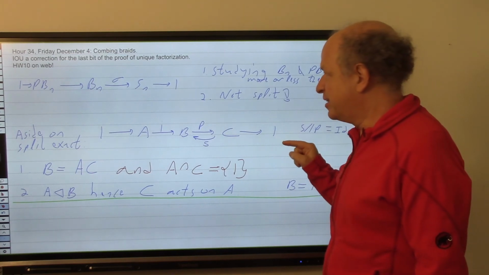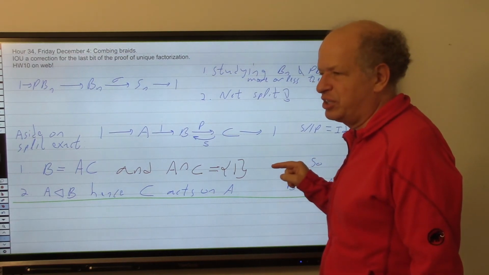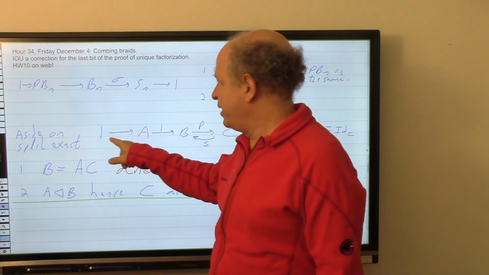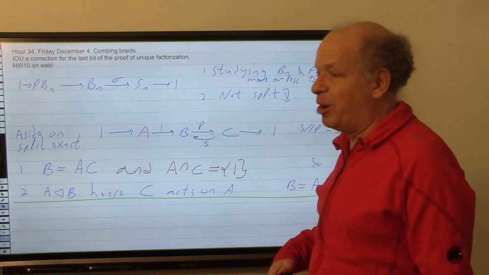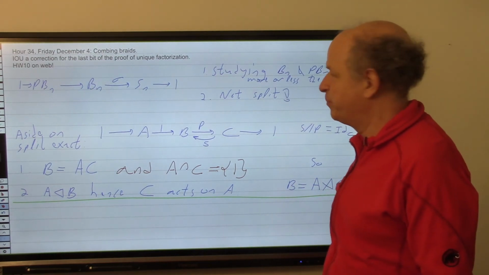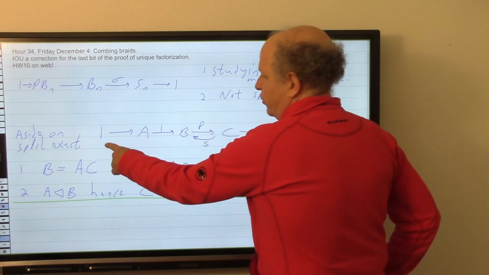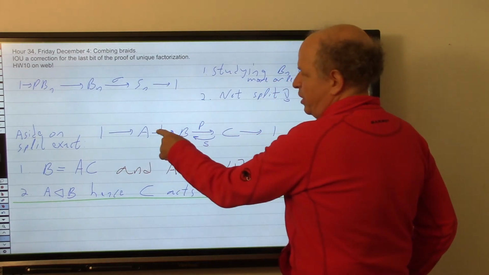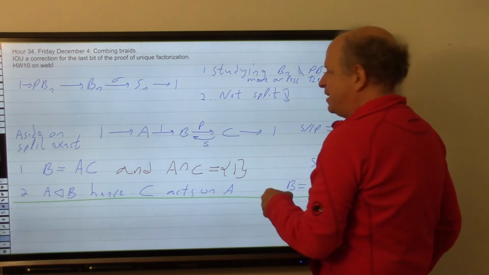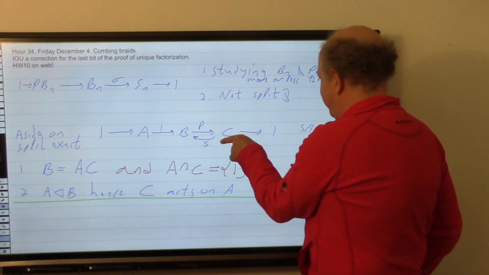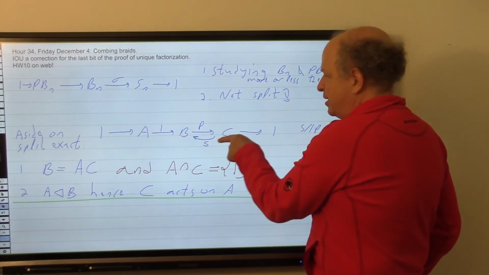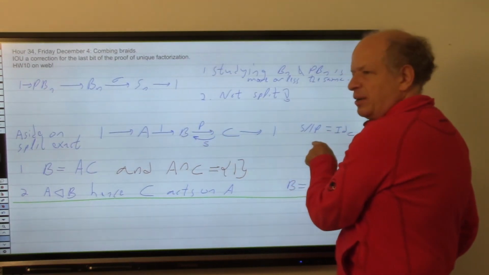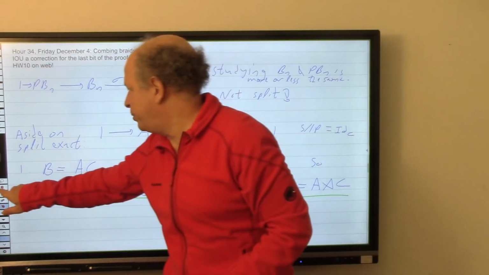And then we did a little aside on split exact sequences, and I want to review it briefly, because we will use it in a moment in a slightly different context. If we have a sequence A goes to B goes to C of groups via maps I and P, we say that it is split if there is a map S going from C to B, such that S followed by P is the identity map.